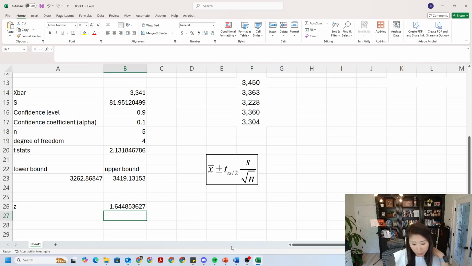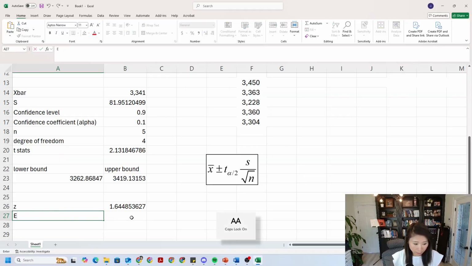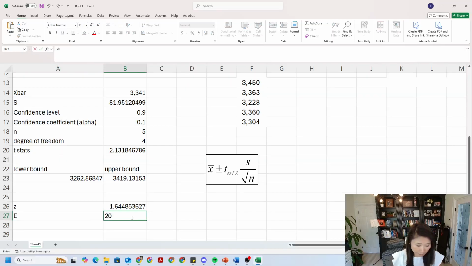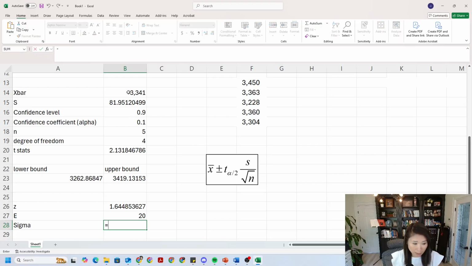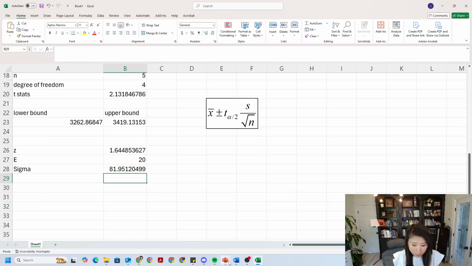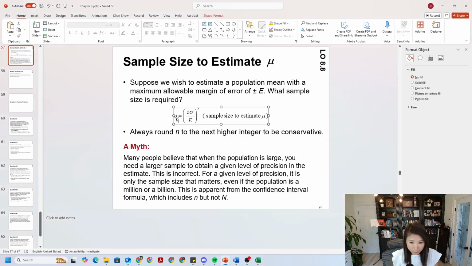Now that we have Z, we also have the E value, which they give us as 20. For sigma, we use the estimated S value. So now we have every piece we need.